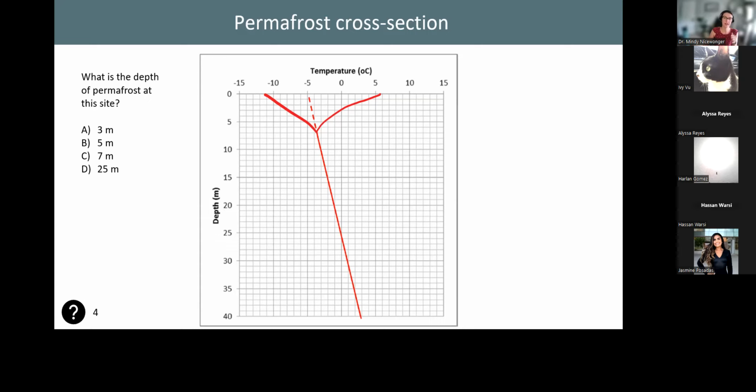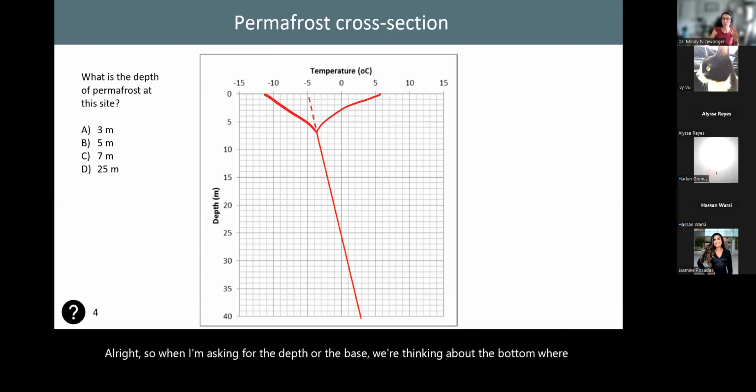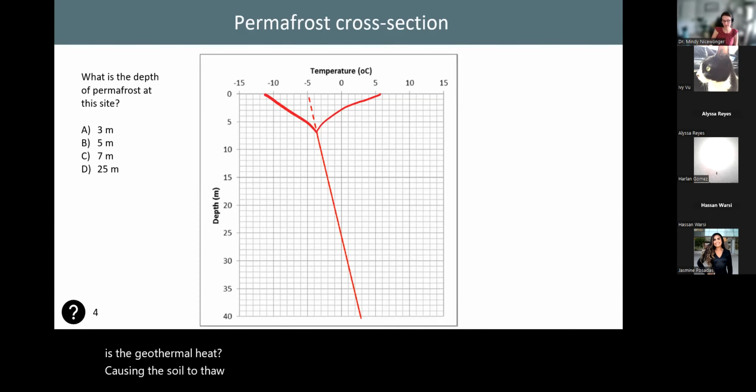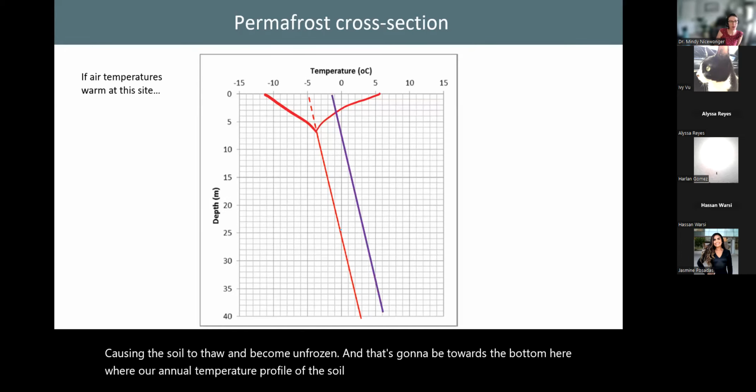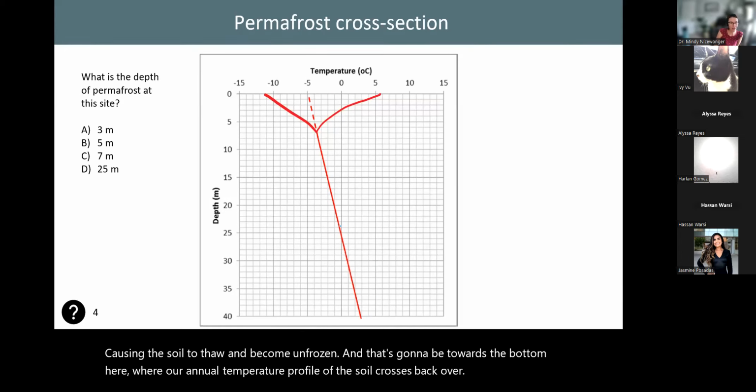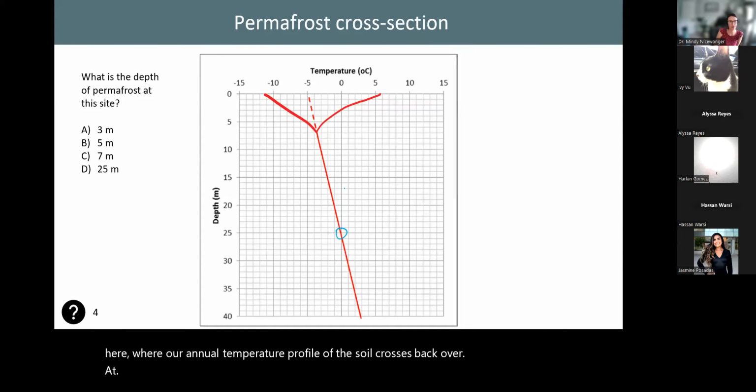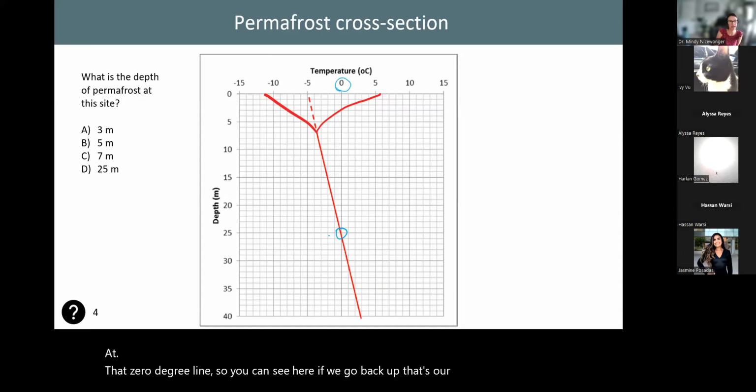When I'm asking for the depth or the base, we're thinking about the bottom. Where is the geothermal heat causing the soil to thaw and become unfrozen? That's going to be towards the bottom here, where our annual temperature profile of the soil crosses back over at that 0-degree line. If we go back up, that's our 0-degree C line.